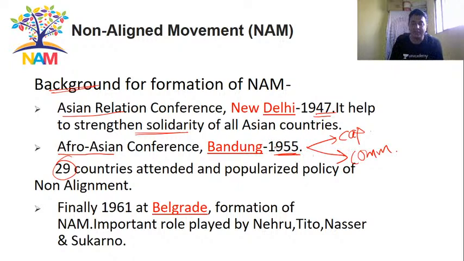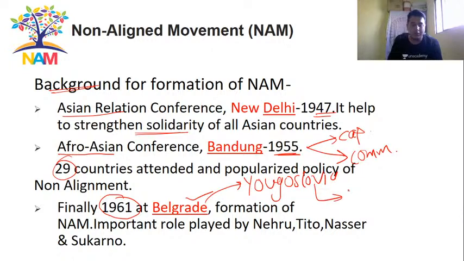So this idea of non-alignment came into reality in 1961 at Belgrade. Belgrade, as we mentioned, was the capital of Yugoslavia, but this country ended after the disintegration of USSR.